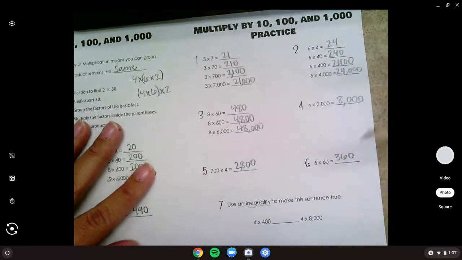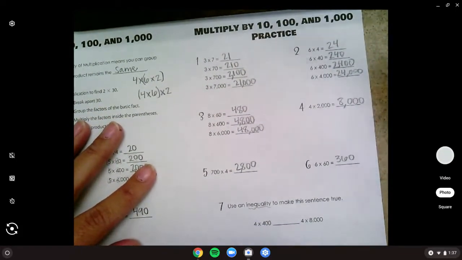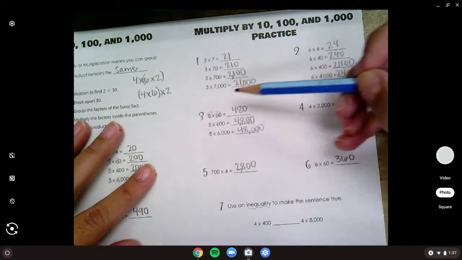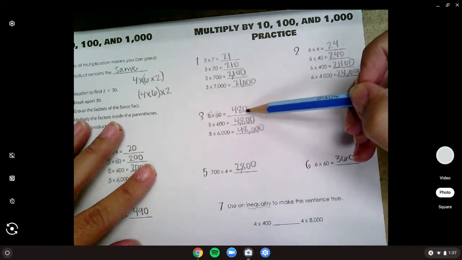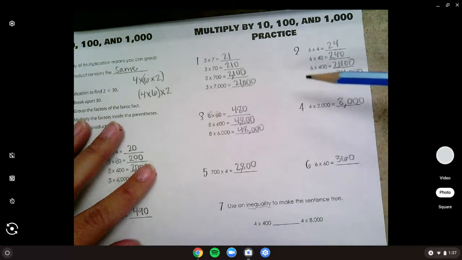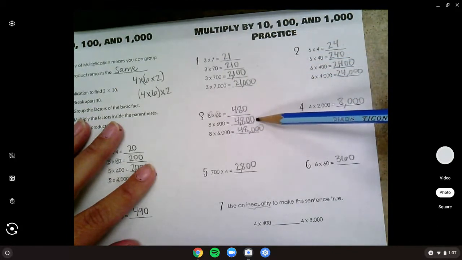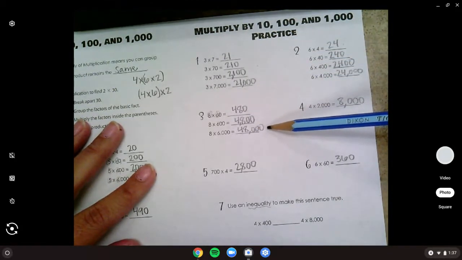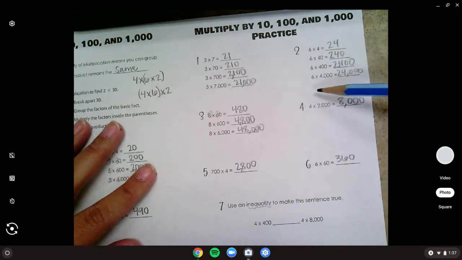Number 3 didn't give you that mini math fact, so you had to figure out it was 8 times 6 to get 48, and add a 0 to get 480, 4,800, and 48,000.